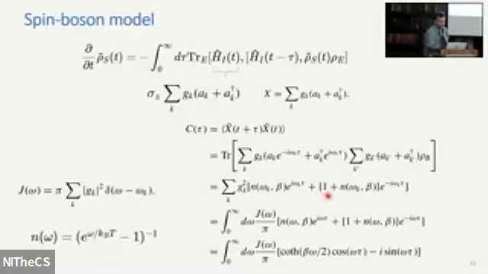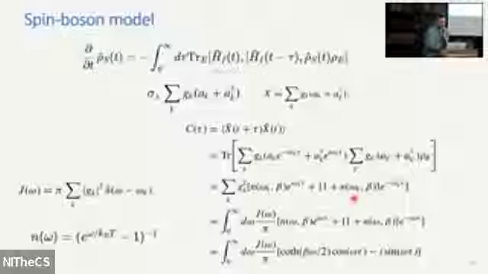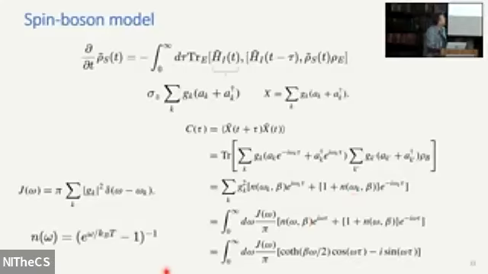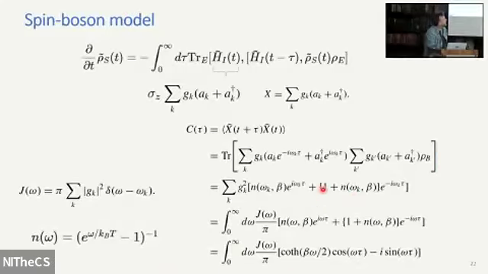So if the environment were entirely classical, this 1 would not appear, and this whole function would end up being symmetric in frequency. So one interesting thing is that if you take this correlation function, remove this quantum part, and Fourier transform it, you get a power spectrum which is totally symmetric. So if you ever see a power spectrum which is totally symmetric, it means this is equivalent to classical noise.